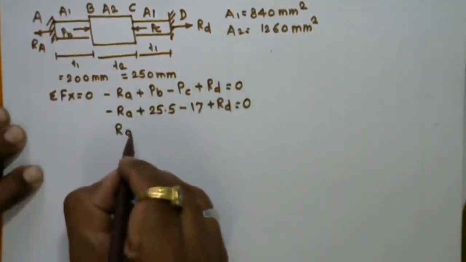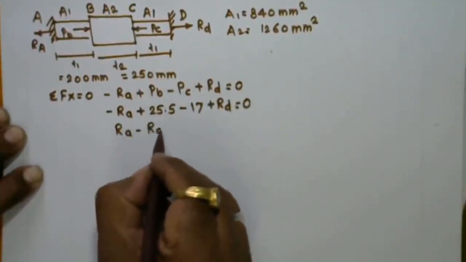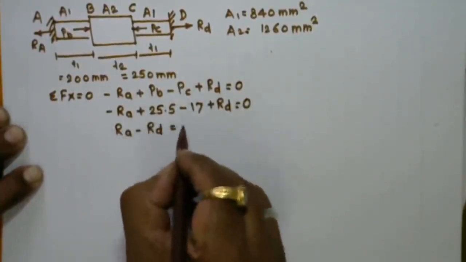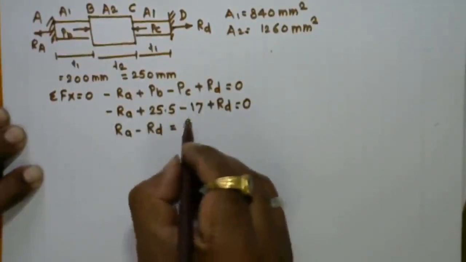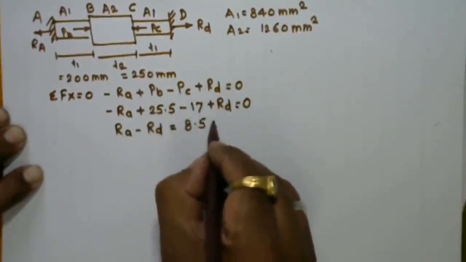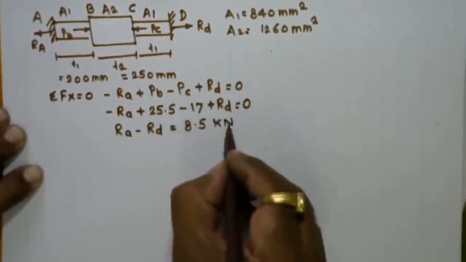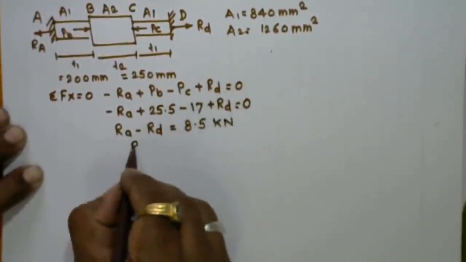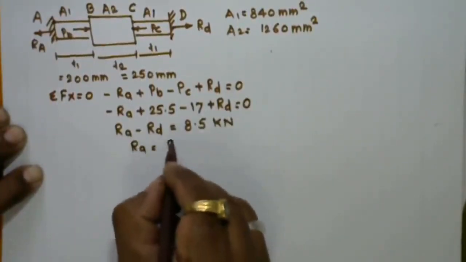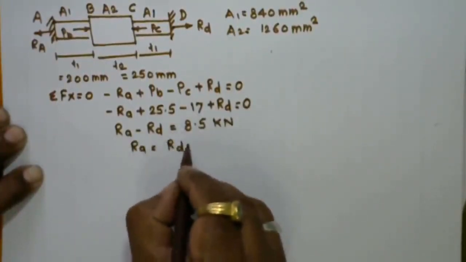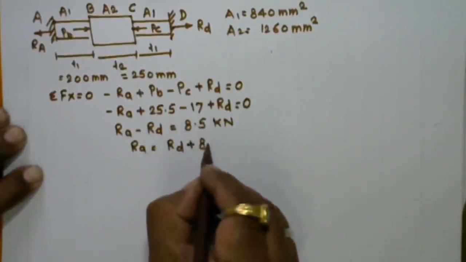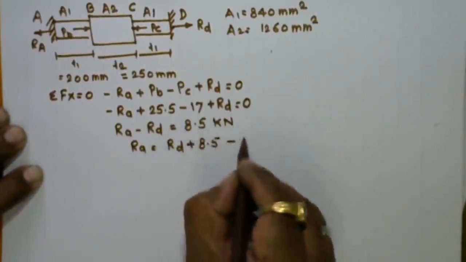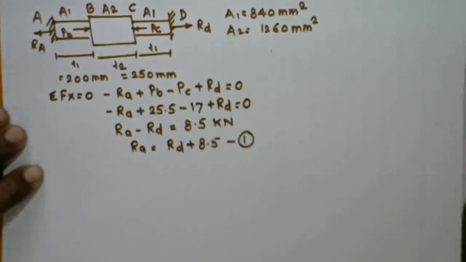So we may say RA minus RD is equal to, simplified, 8.5 kilonewton, or you may say RA is equal to RD plus 8.5, say equation number 1.